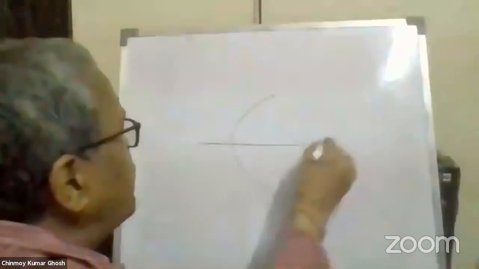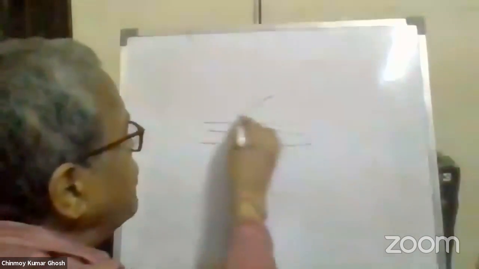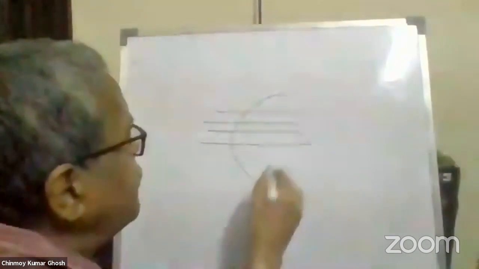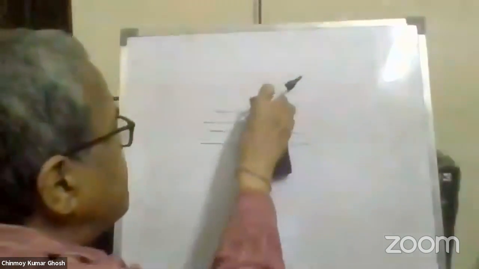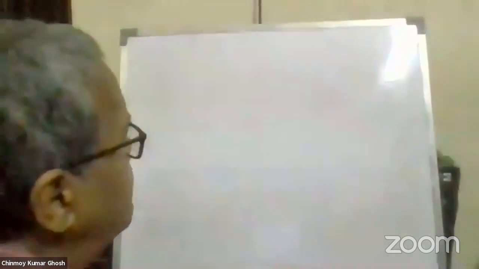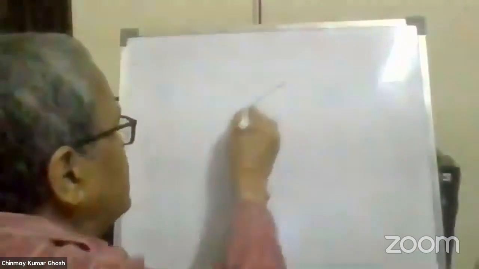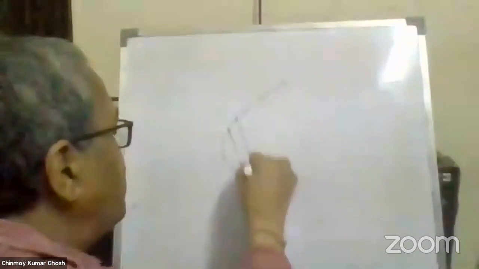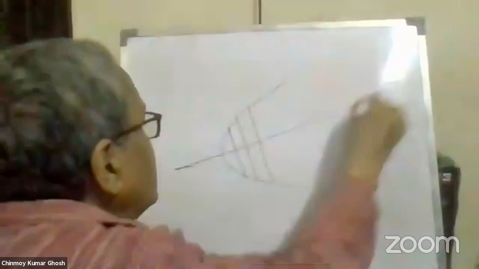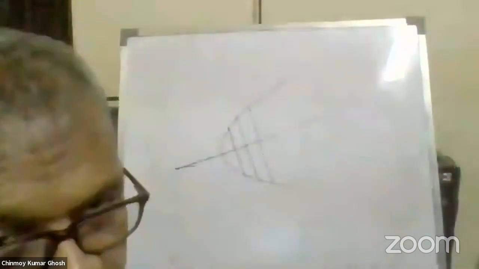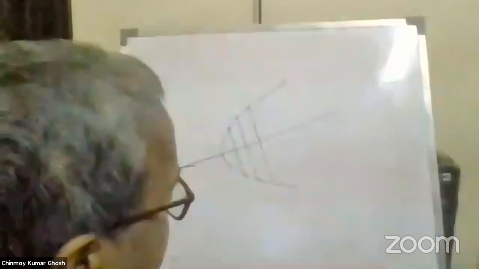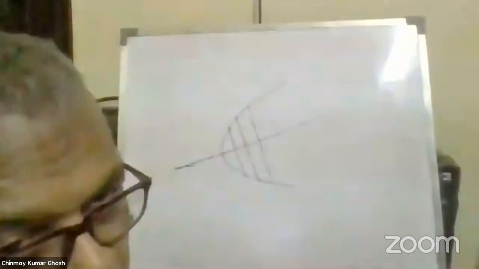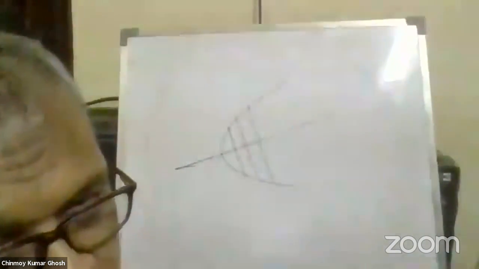If you have a system of parallel chords, say, for the sake of simplicity, this is a parabola and this is a system of parallel chords, then this is the diameter. The locus of the middle points of the system of parallel chords is a diameter, and this can be determined.